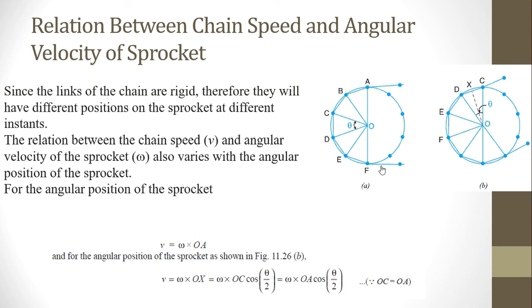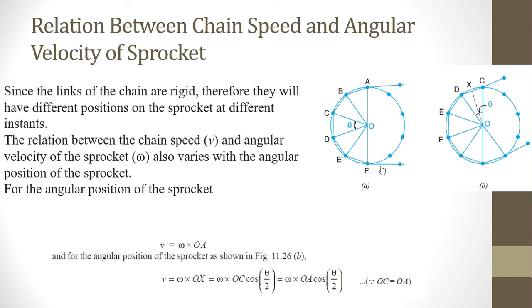The generic tangential velocity formula that has been used over here is v equals r omega, where omega is the speed of the sprocket that is revolving, and it has been connected to the shaft with the help of bearings, and OA is the distance from the center to the respective chain linkage shown over here. That is, v equals omega into OA.